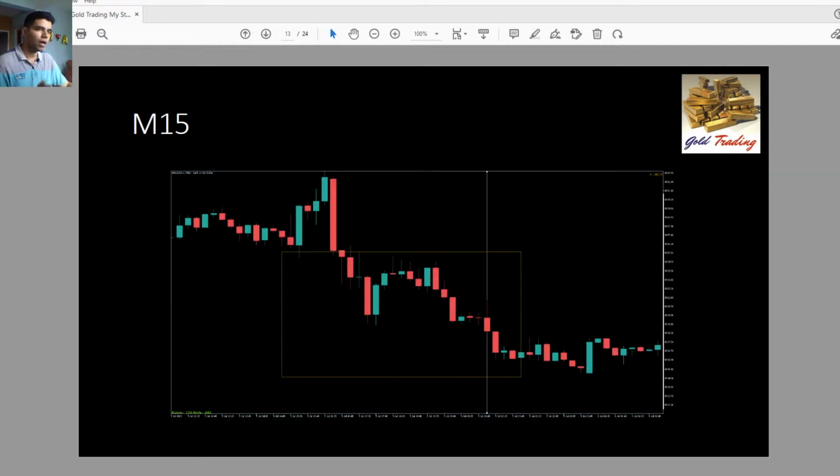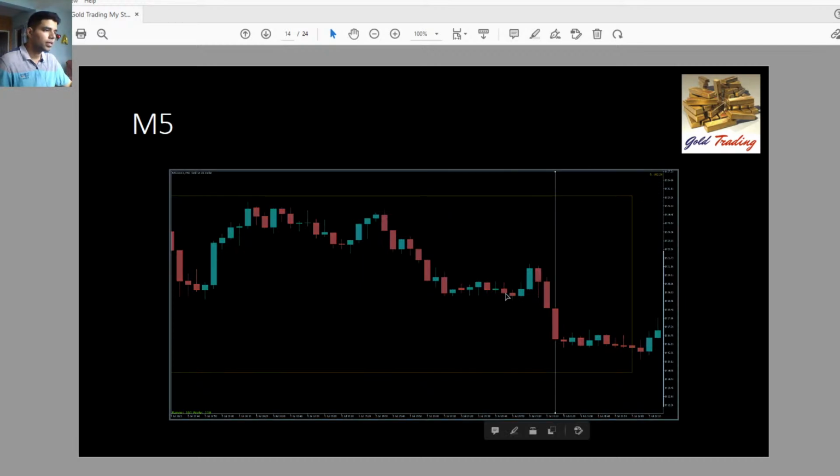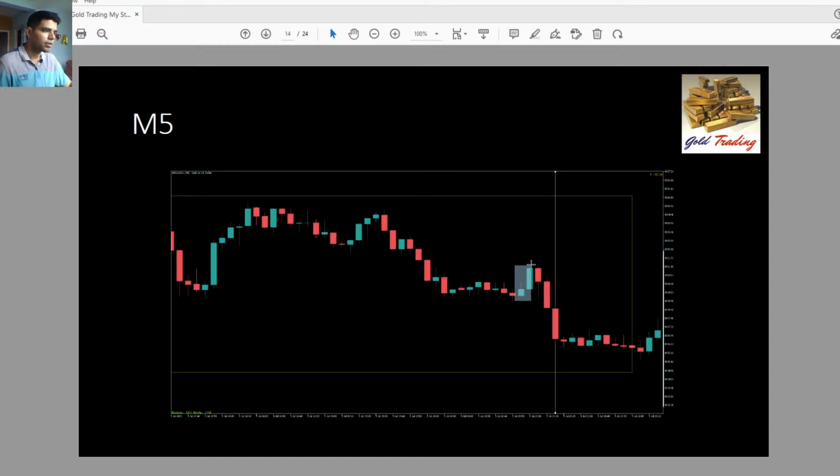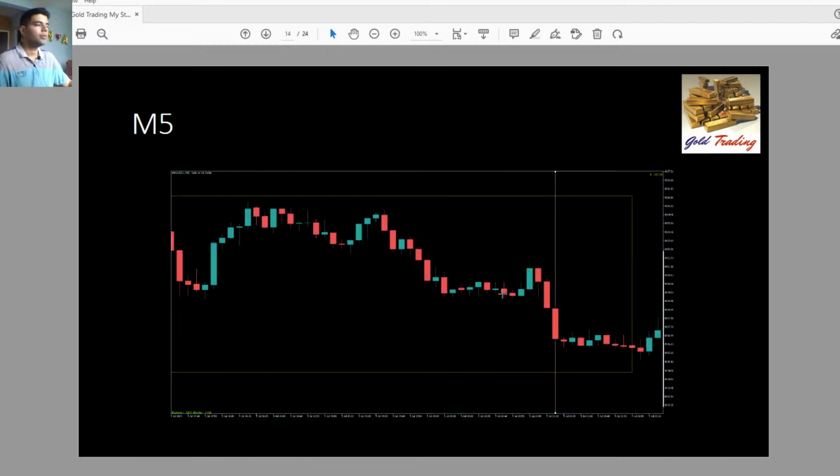So let's check how M5 is formed. Okay guys, M5 is really nice. There is a major trend, okay, downtrend, and there is some ranging consolidation here. Then there is minor counter trend. Then there is formation of confirmation candle. Okay, this is the confirmation candle.